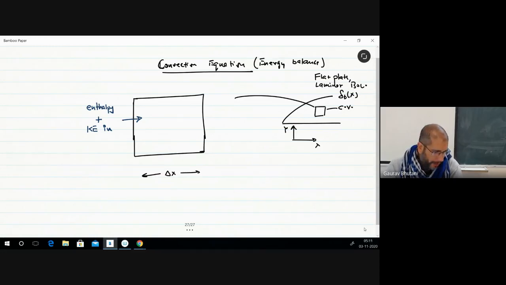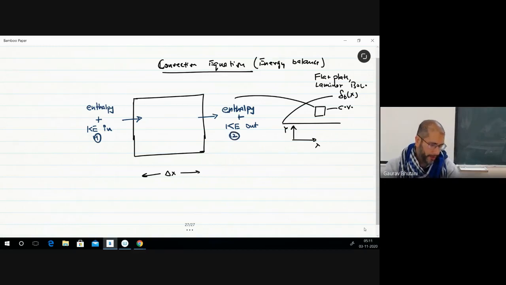And then similarly, let's call this 1, so that since we'll be writing lots of terms, we'll know which term corresponds to which energy balance term. And then similarly on the right hand phase, you have enthalpy plus the kinetic energy, and that is out.